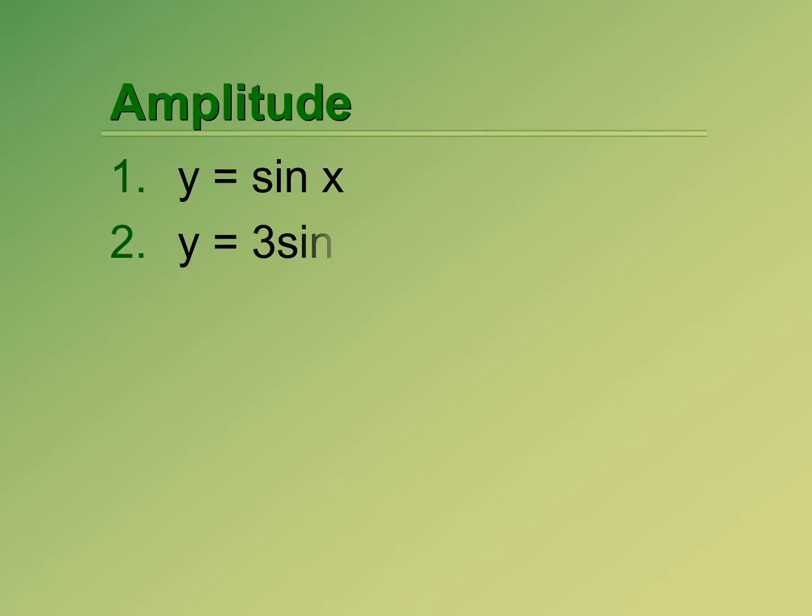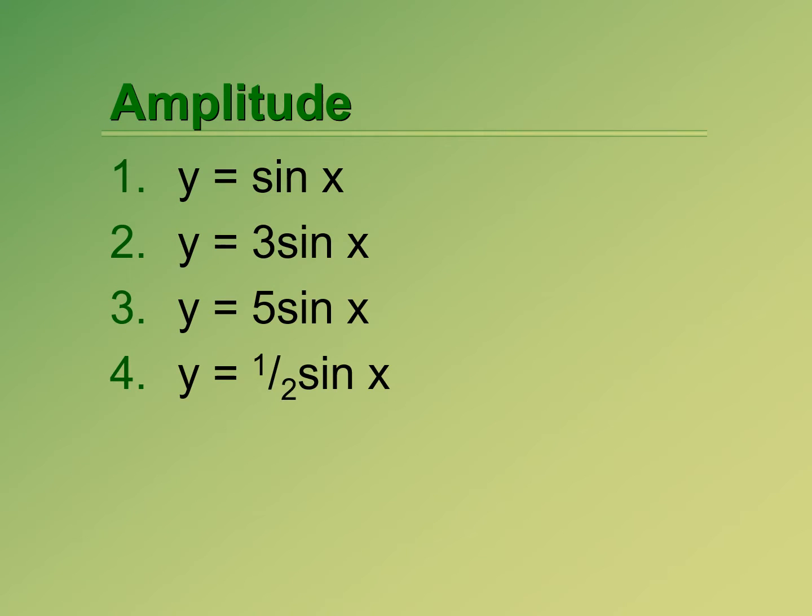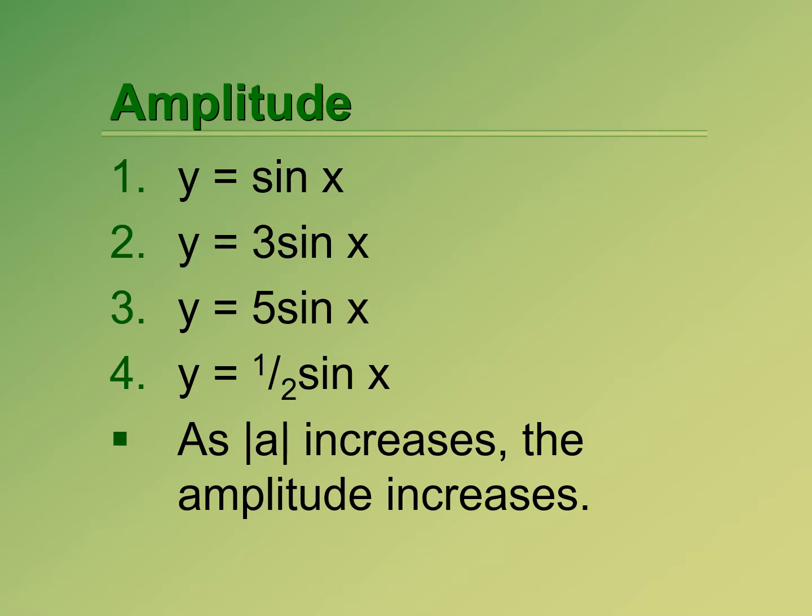All right, if we compare these 4 graphs on your graphing calculator, so if you want to go ahead and do that, look at all 4 of those graphs, you'll notice that as a increases, the amplitude increases. So the bigger a is, the taller or bigger your wave is.